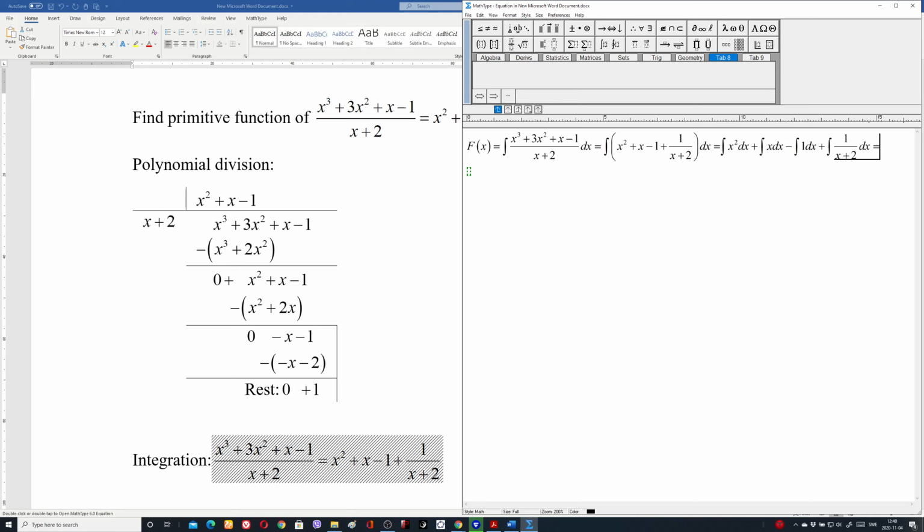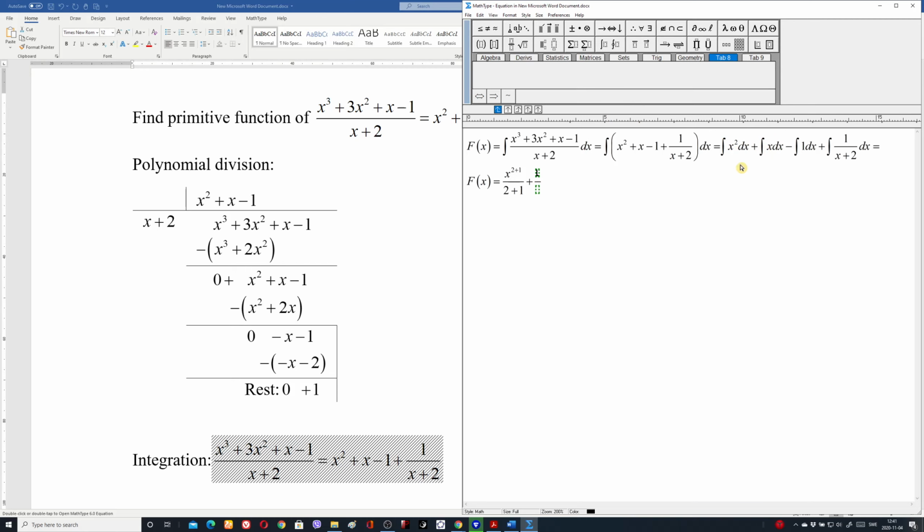Okay? So now, when we're doing the integration, f of x is equal to: we have first x power 2 plus 1, and this 2 plus 1 comes down here because it's integration. Plus, this is for this integral.